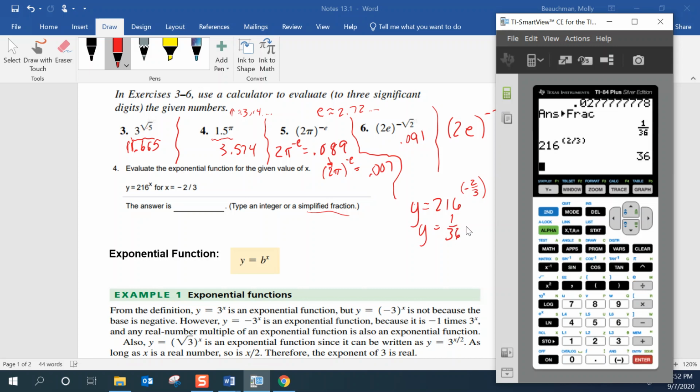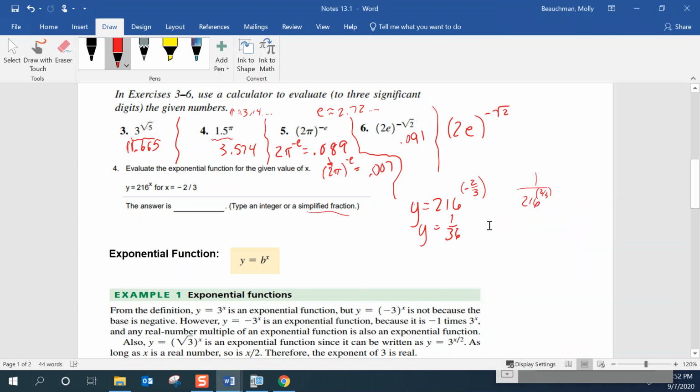So that's how come the denominator ended up being 36. So that's 1/36. So a couple of ways you can think about that. So just be careful. If they want a simplified fraction, you can use the fraction key on your calculator, or you can take an extra step to think about what does 216 to the power of negative 2/3 really mean.